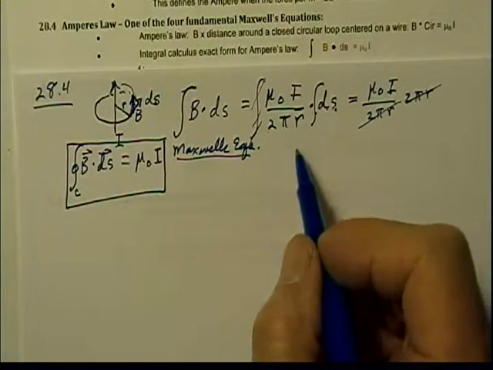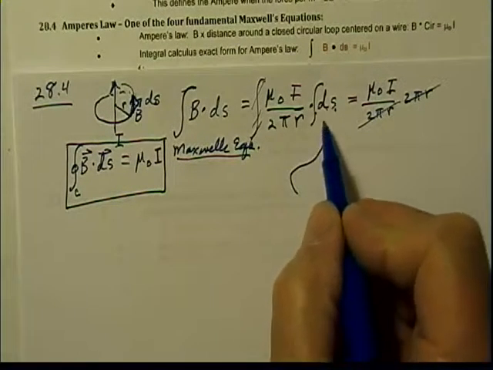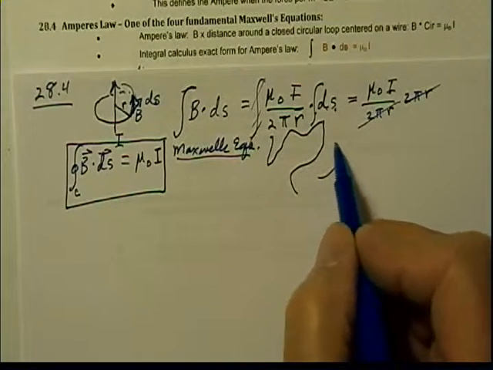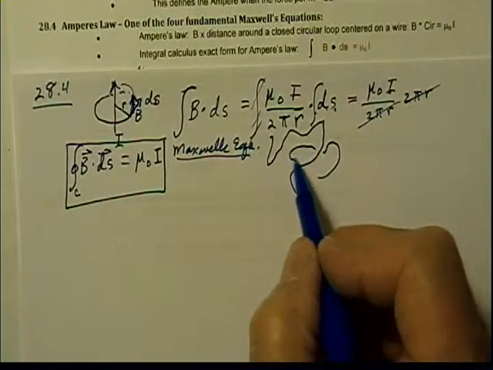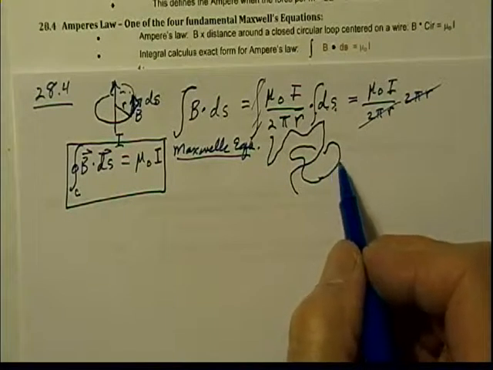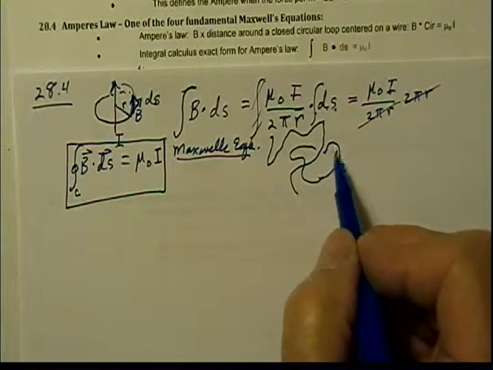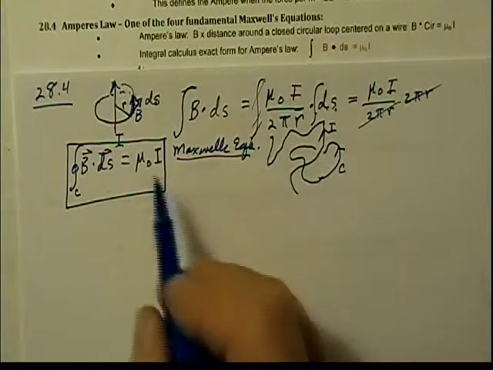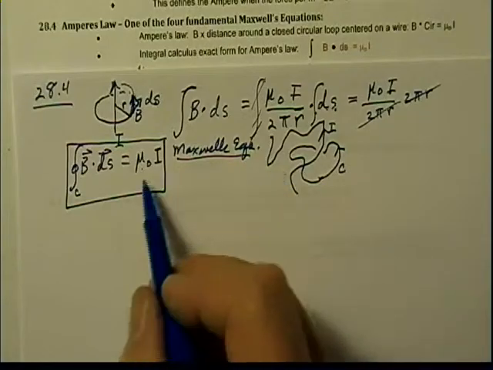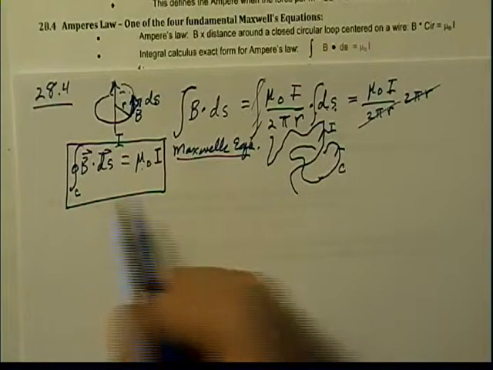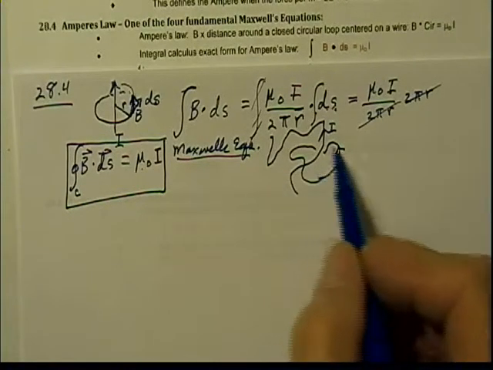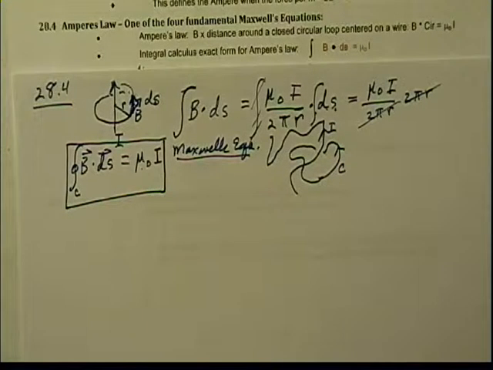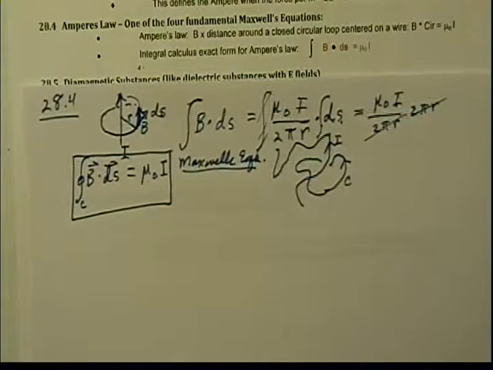Yes, but what one can show is even if the wire curves in any manner whatsoever, and even if the loop goes in a very convoluted way, so here's our curve going around and here's our current I, it doesn't matter. You still get that result no matter what the curve is and no matter what the path is that we integrate around. You'll always get the same answer, and that's a remarkable result.